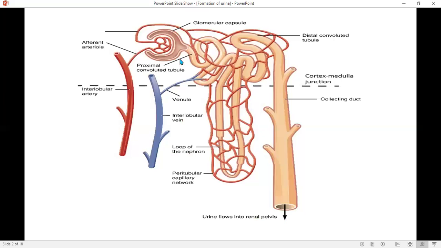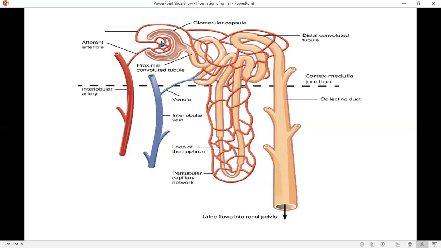Okay. Now let's look at this structure. I mentioned that blood supply to the kidney is from the interlobar artery, interlobar veins. Then it's from the interlobar artery where the afferent arteriole separates, then it goes into the glomerulus capsule.